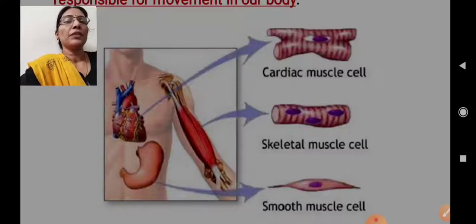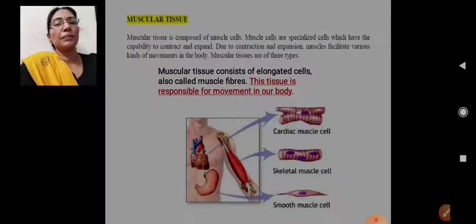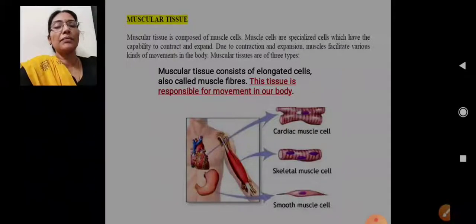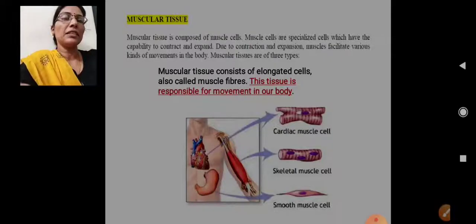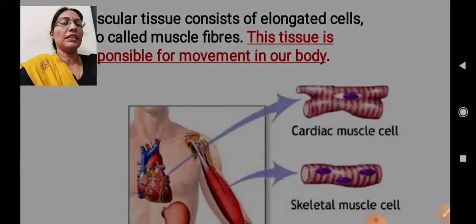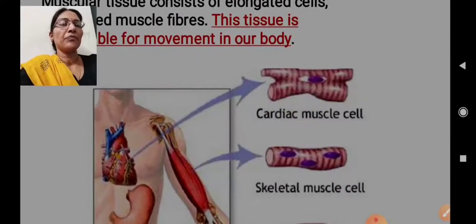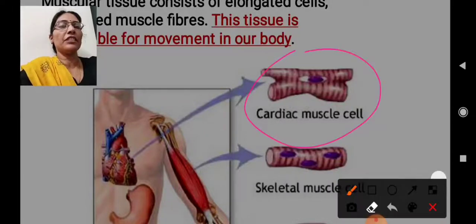Clear? Now cardiac muscles. Cardiac muscles are also cylindrical in shape, but they have one separate feature other than skeletal muscles, that is they are branched. At the same time they are cylindrical in shape, and they have another feature.